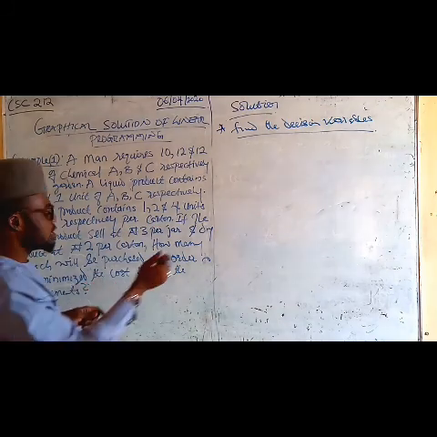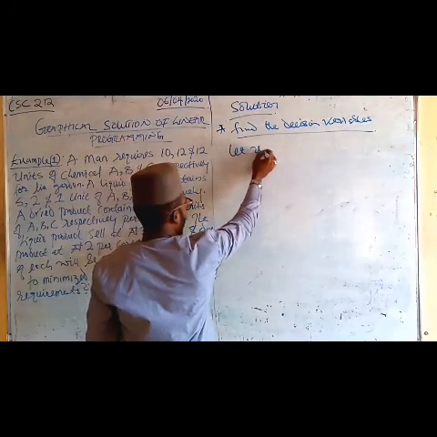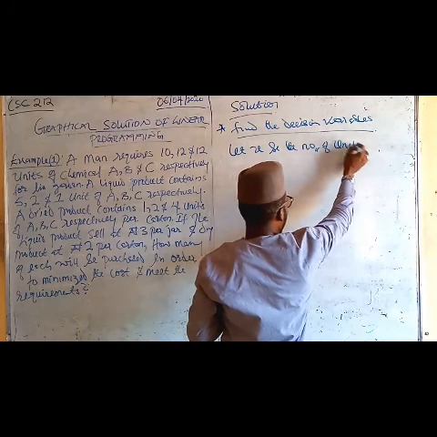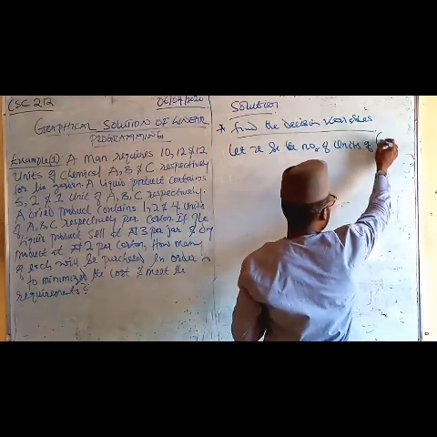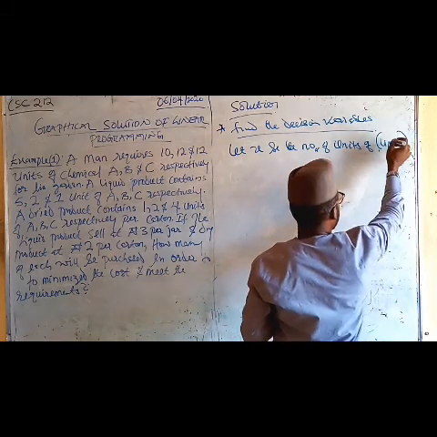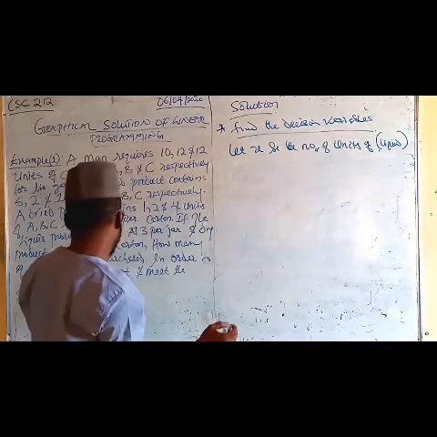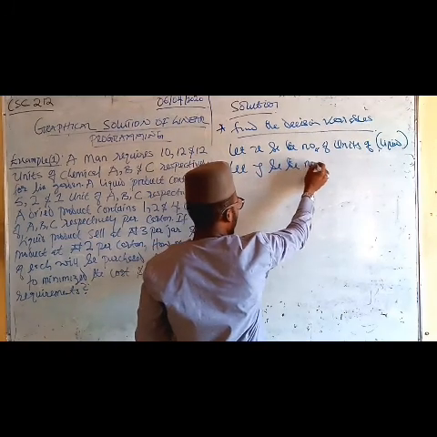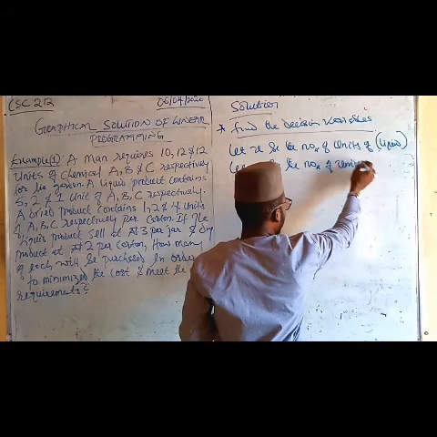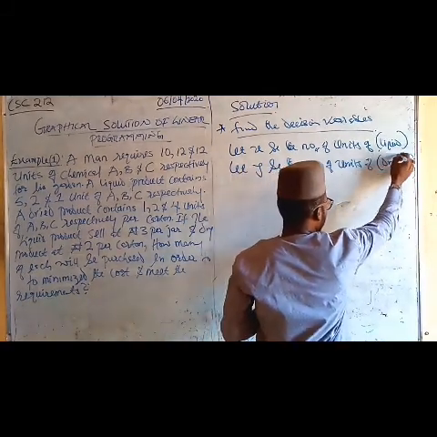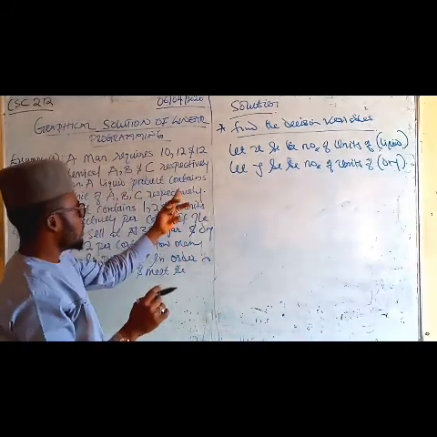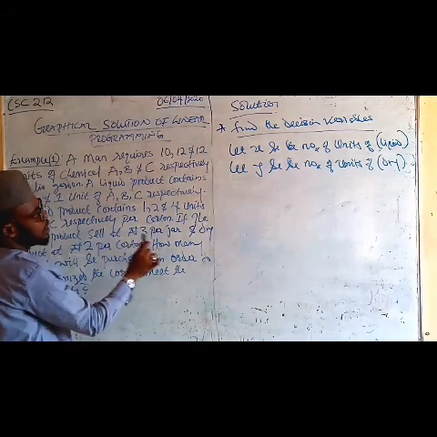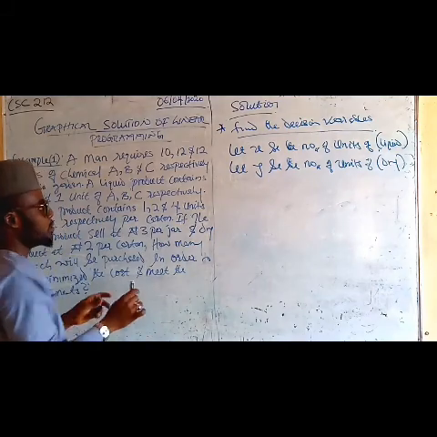So we let X be the number of units of the liquid product, and we let Y be the number of units of the dry product.